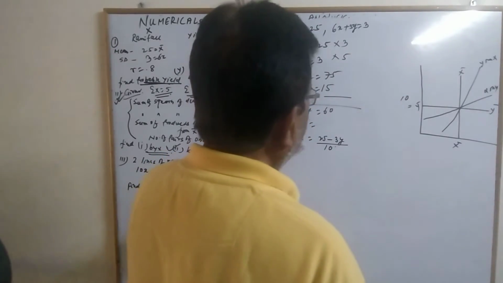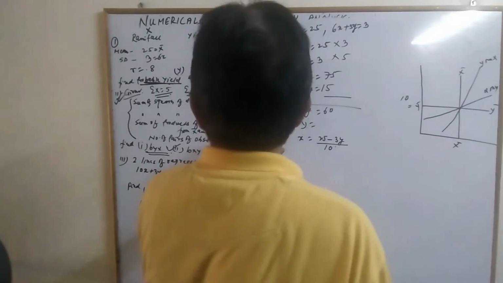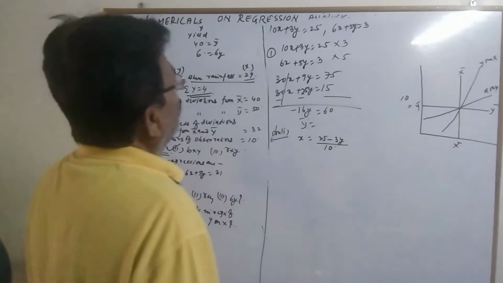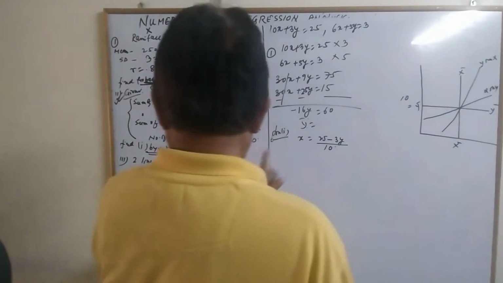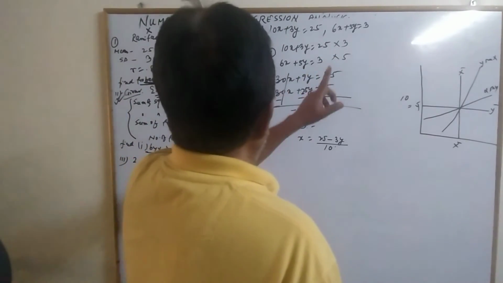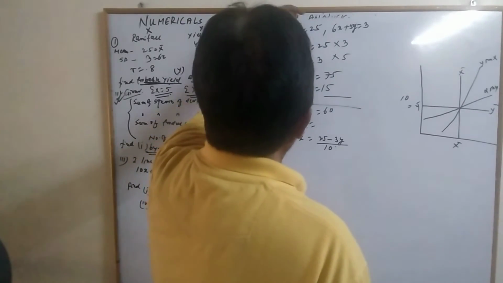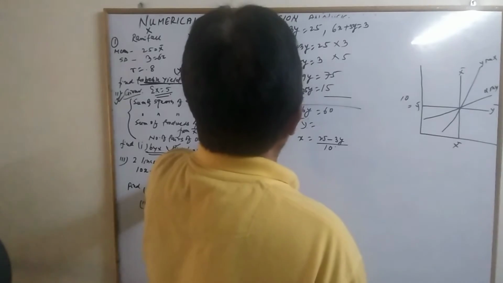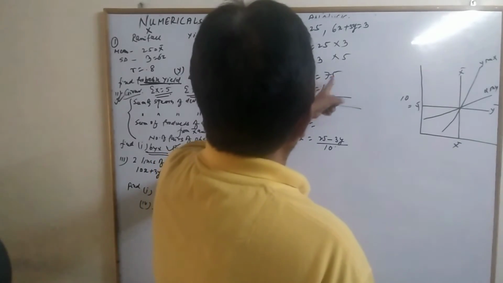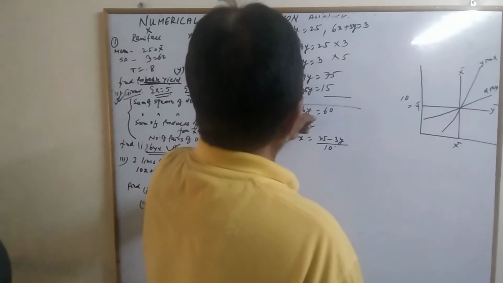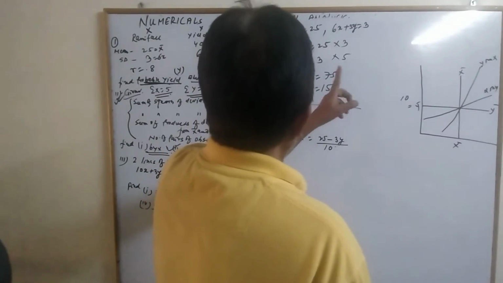Something looks to be erratic because data is not in conformity with the sum. 10x plus 3y is 25, 6x plus 5y is 31. So if this x has to be eliminated, this is multiplied by 3 and this by 5. So 30x plus 9y is 75, and this is 30x plus 25y, and this is 15.